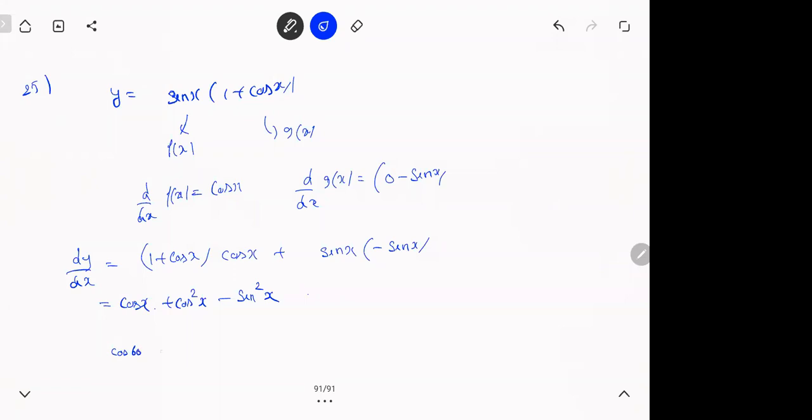This would be cos 60, cos 60 whole square, this would be minus sin 60 square. This is half, this is 1 by 4. This is root 3 by 2 whole square, which is 3 by 4. Minus 3 by 4 equals 0. Right? You proved it. x is equal to 60, you're getting 0. You can do the double differential and check, but I think this much is enough. You just have to substitute and check, you will get it.